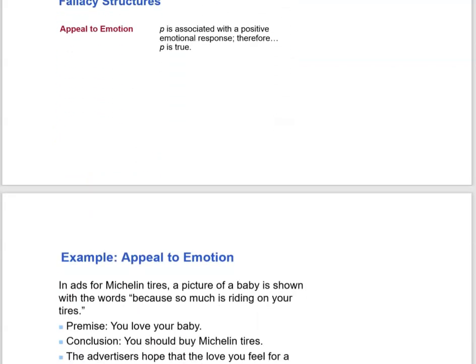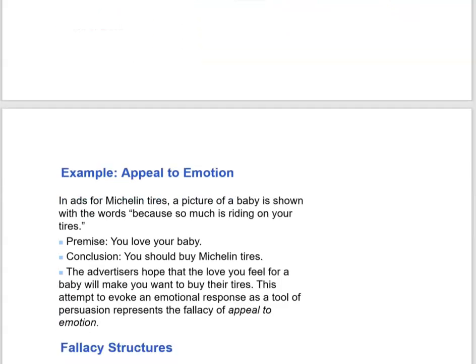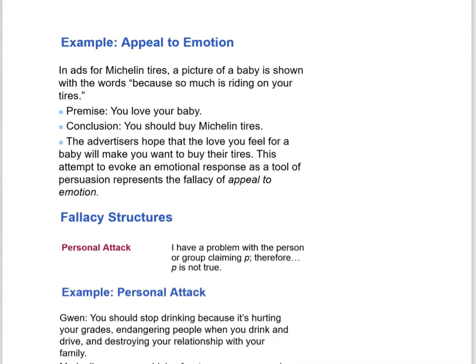If P is associated with a positive emotional response, it's true. In ads for Michelin tires, a picture of a baby is shown with the words, because so much is riding on your tires. Well, basically the premise is you love your baby, right? So you should buy Michelin tires.